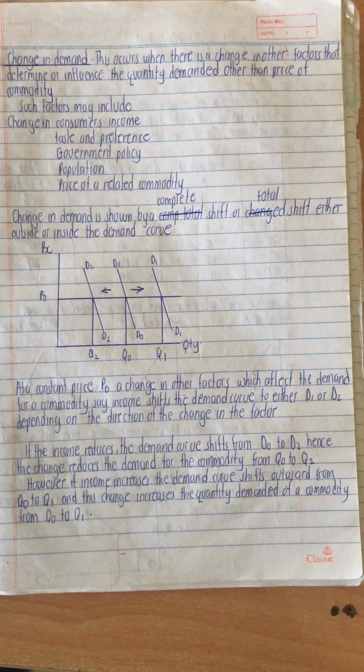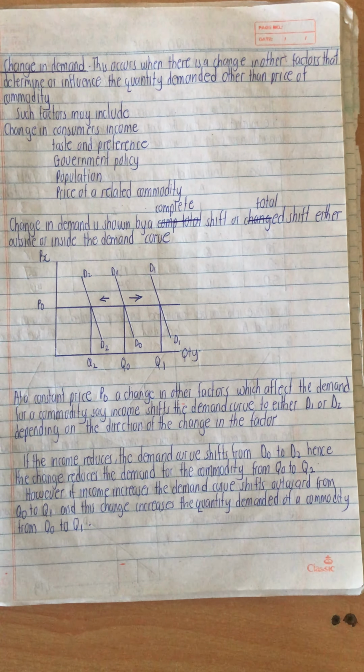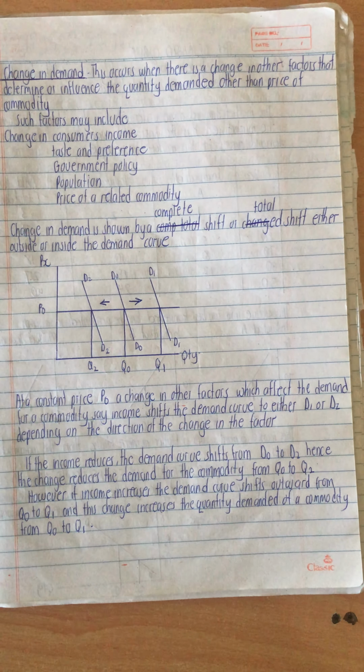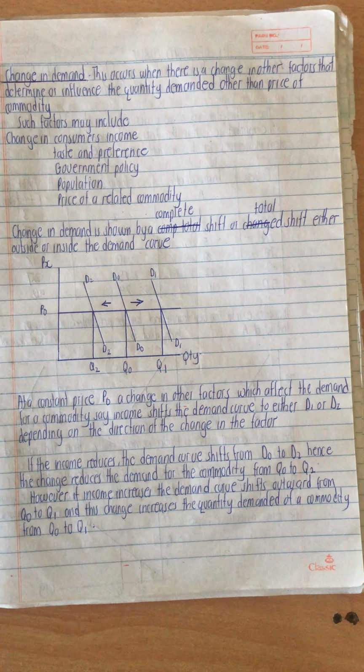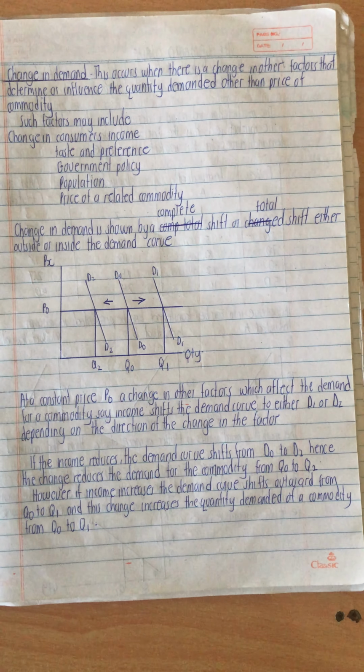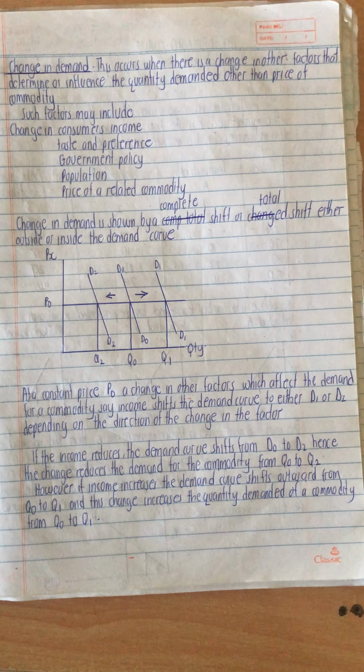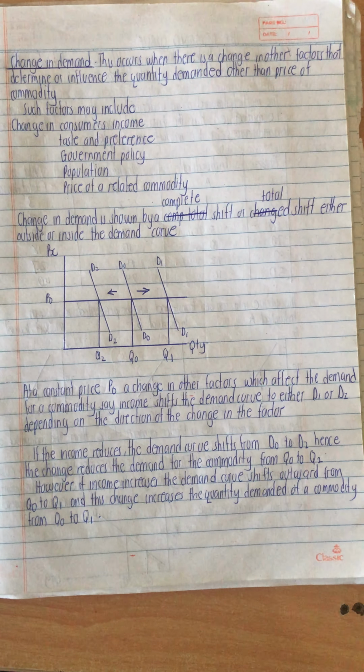At a constant price P0, a change in other factors which affect the demand for a commodity, say income, shifts the demand curve to either D1 or D2, depending on the direction of the change in the factor.